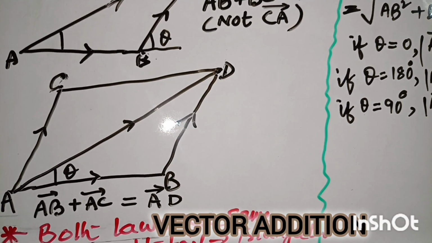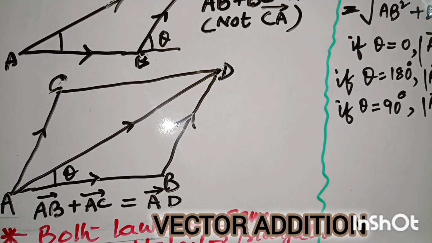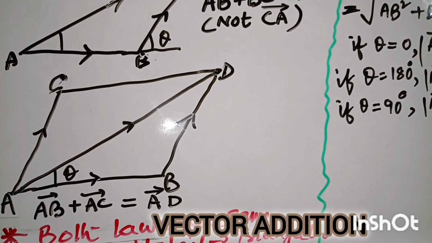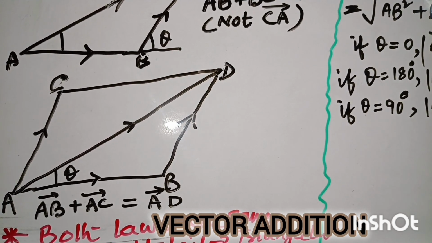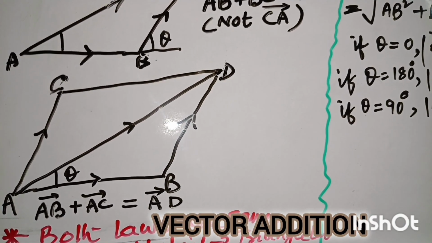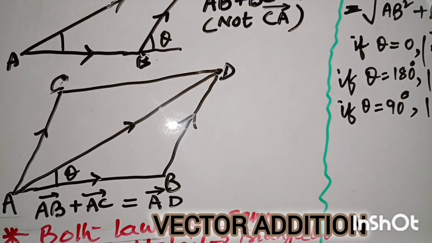A parallelogram has two diagonals, AD and BC, but we will not take BC, we will take AD, because the law says the diagonal passing through the point of intersection will represent the resultant of the two vectors.